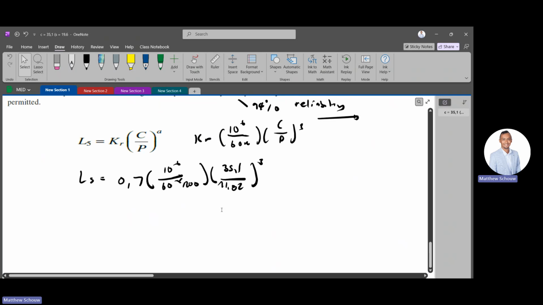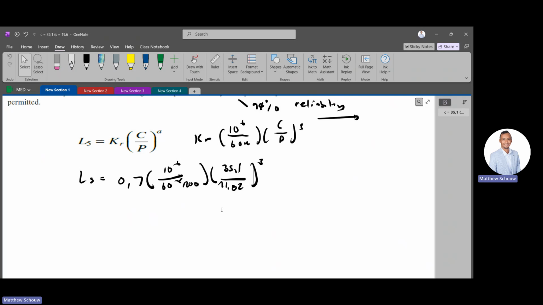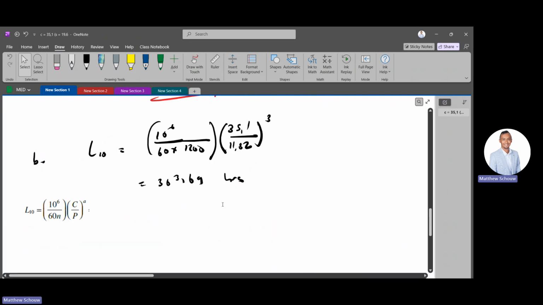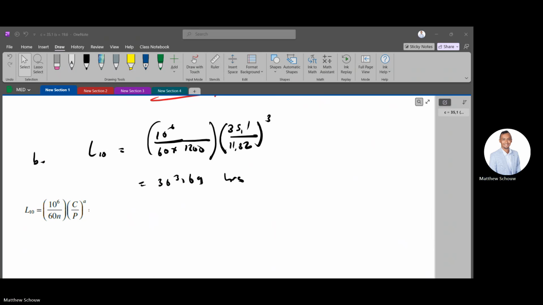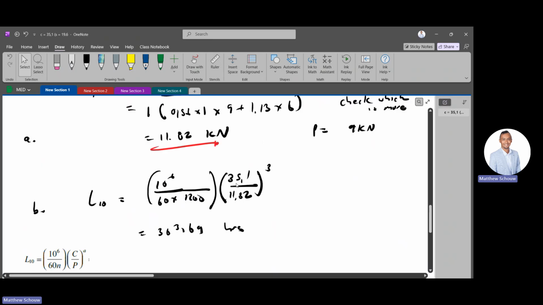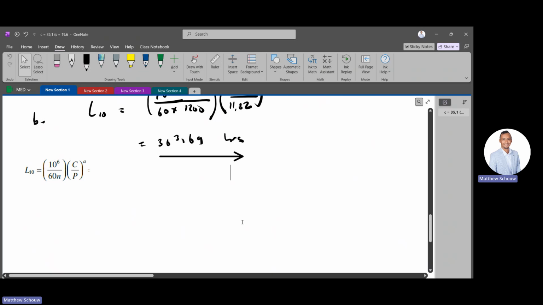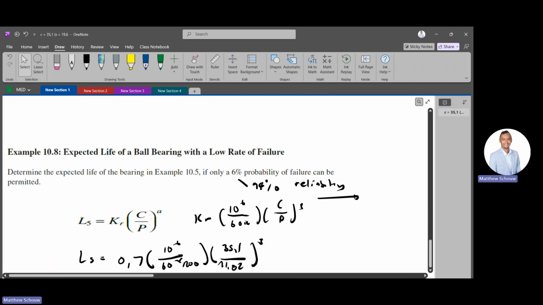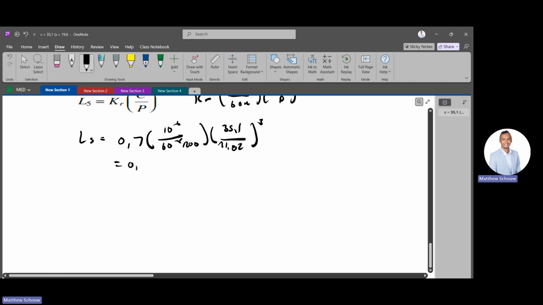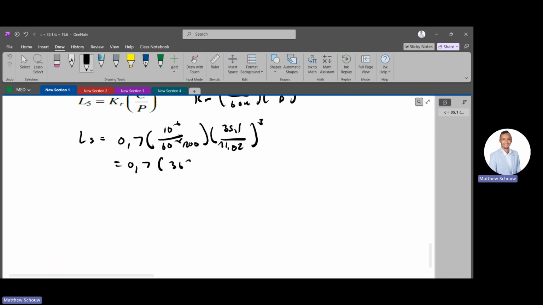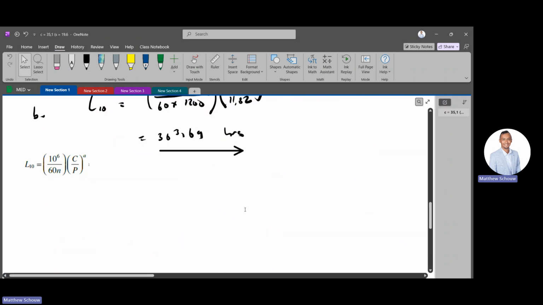Yes. And we can calculate that quickly. Surely we can take that same answer times by 0.7, right? Is there any other factor I'm missing? Yeah, no, so we can simply take this value and times it by 0.7. So we know it's going to be 0.7 times that 363.69.